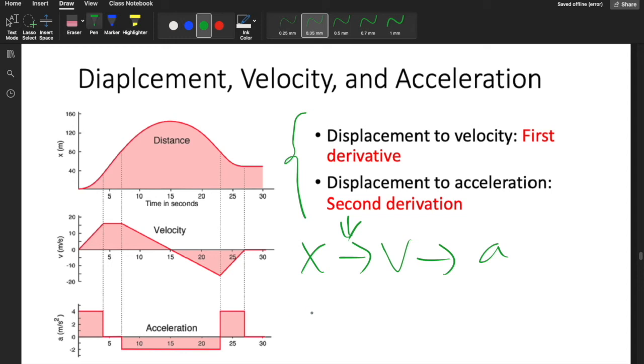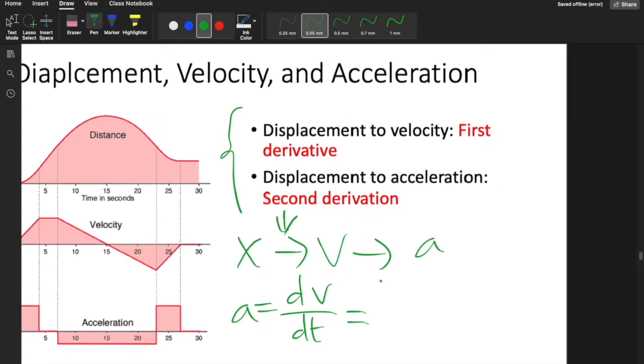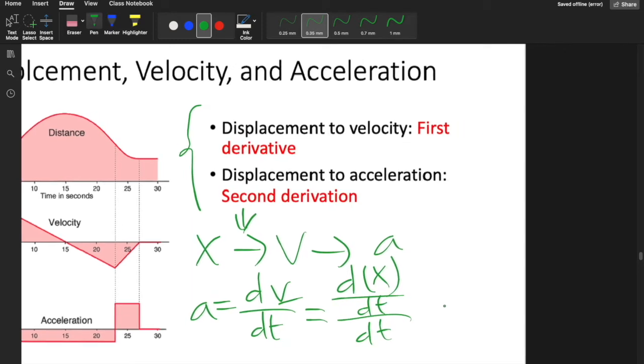So acceleration is equal to the derivative of velocity with respect to time, and the derivative of velocity is equal to the derivative of displacement with respect to time. So it will just be second derivative.